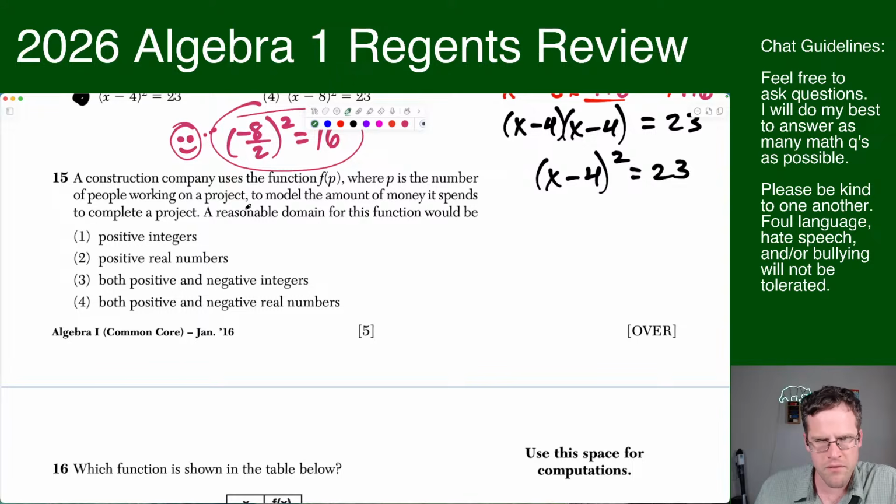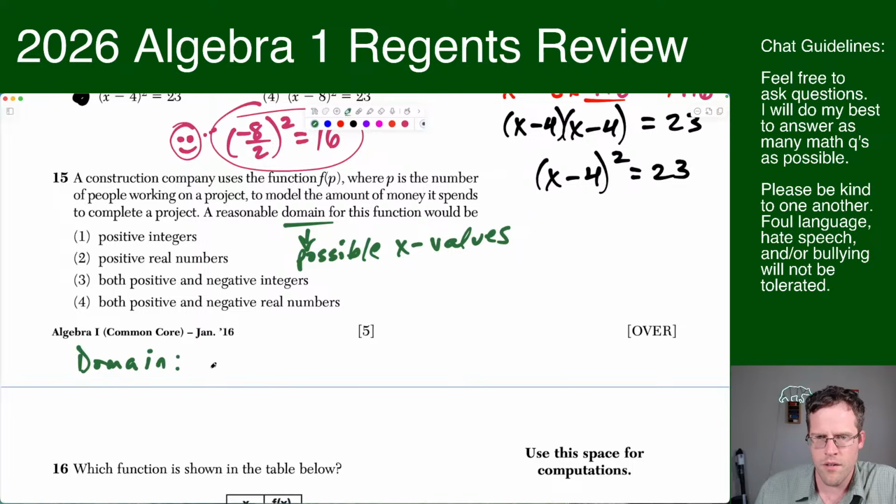A reasonable domain for this function would be, okay, so remember, domain is possible x values. In this case, our domain is the variable p, and this is the number of people. Okay, so what would make sense here?